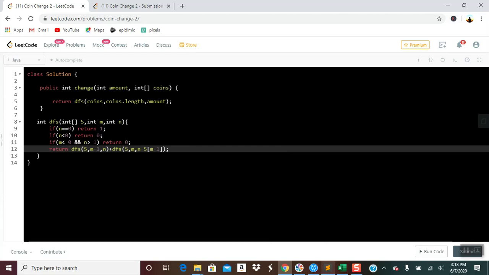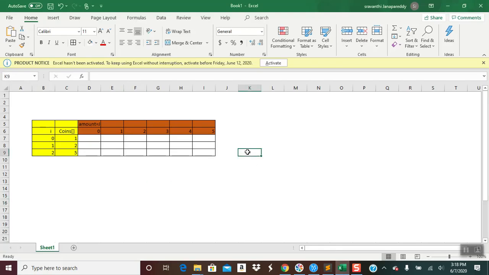Let me explain. In Excel I have already drawn something here. So the dynamic programming approach is here. Assume this is the total amount, 0 1 2 3 4 5, and these are the coins given in the example, 1 2 5. When you include these coins to sum up to 0, what will be the value?